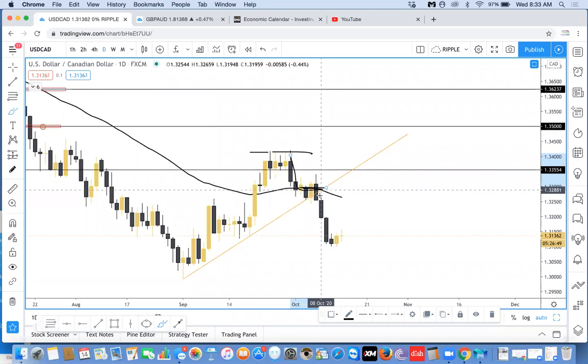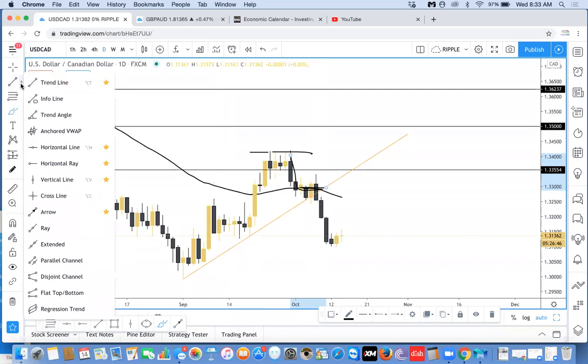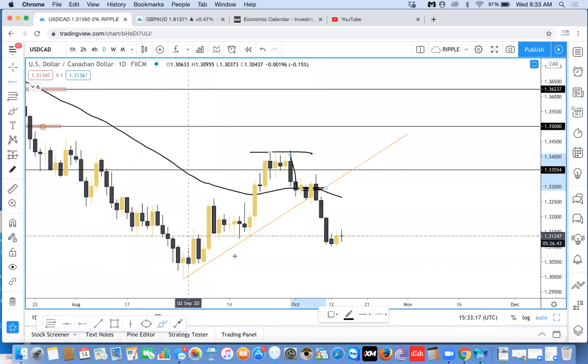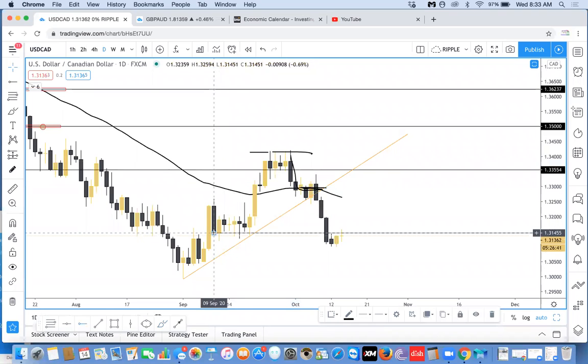The market dropped another 2 days, and then it ended up breaking below the previous support. So that is our first sign of the overall structure changing: the market broke below the 50 EMA, broke below the trend line, and also took out the most recent low, most recent support.